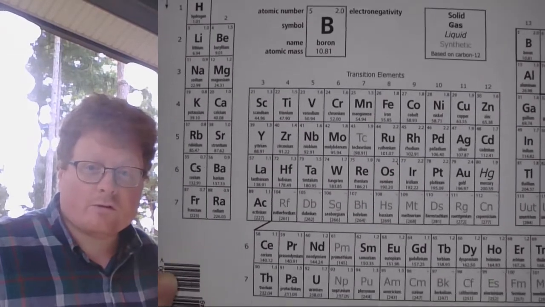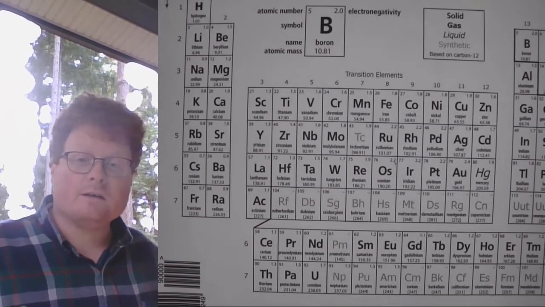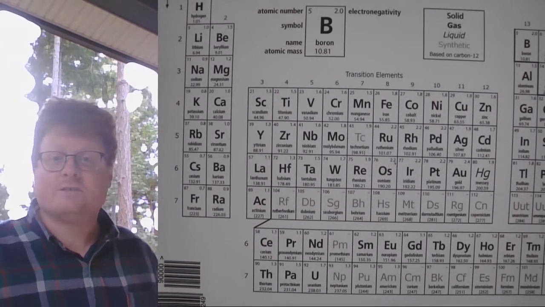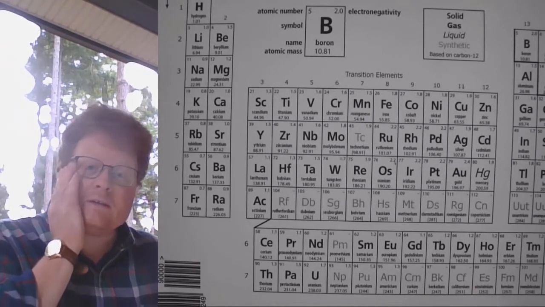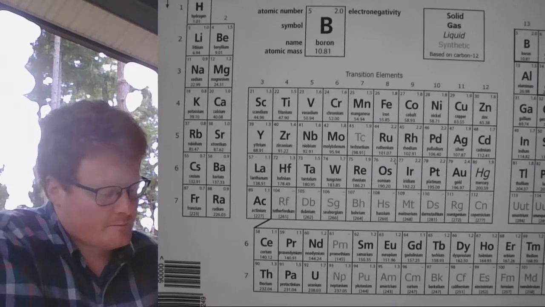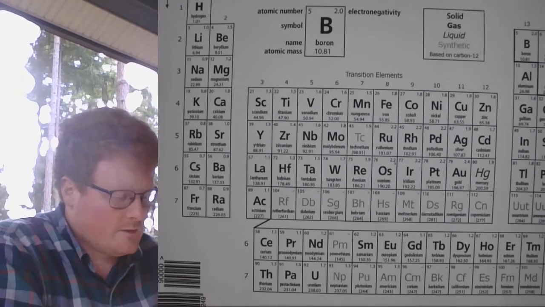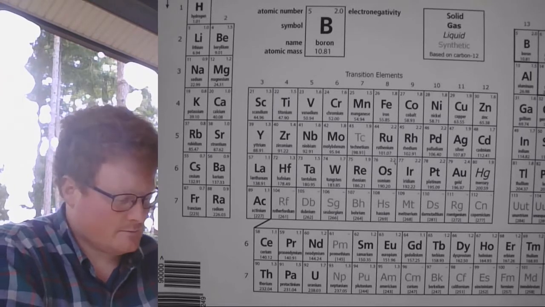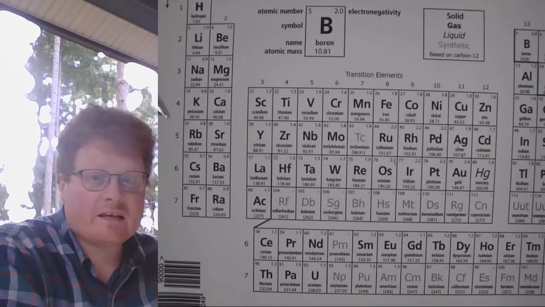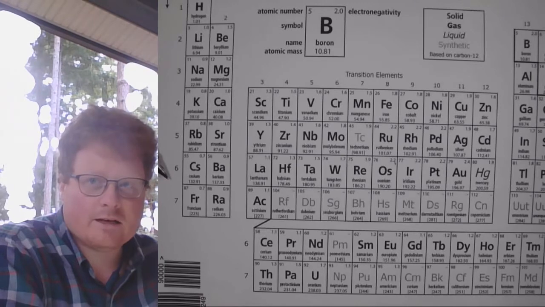Before we get too much further in, let's take a quick look. You can follow along and read about this on page 262 in this book. Let's talk about the families in the periodic table. This first column has highly reactive elements, typically metals. These are the alkali metals, highly reactive.